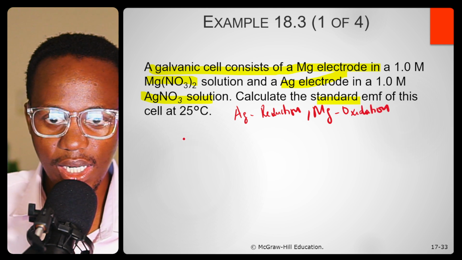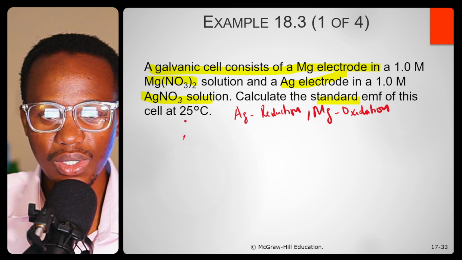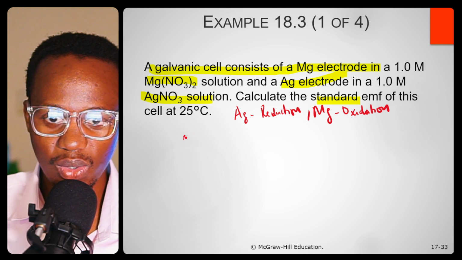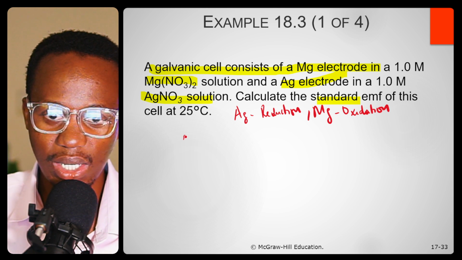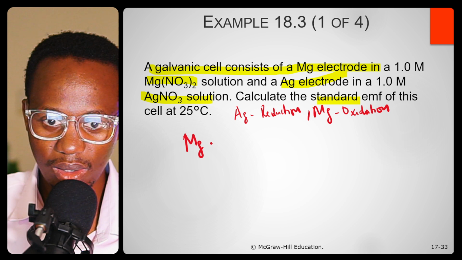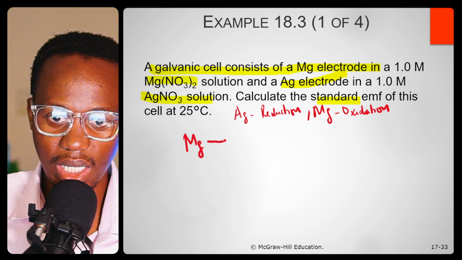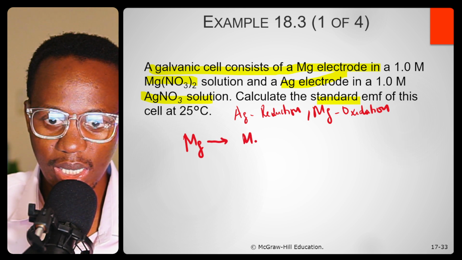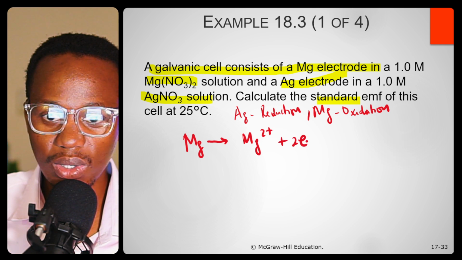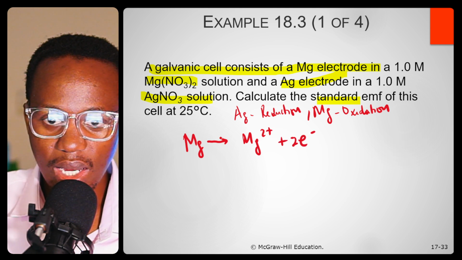So Ag going reduction, if you remember, what does reduction mean? Gaining electrons. What does oxidation mean? Losing electrons. And I like to write oxidation first. Magnesium, which undergoes oxidation, is going to become Mg2+ plus 2 electrons. That's oxidation, right? And then what is reduction?